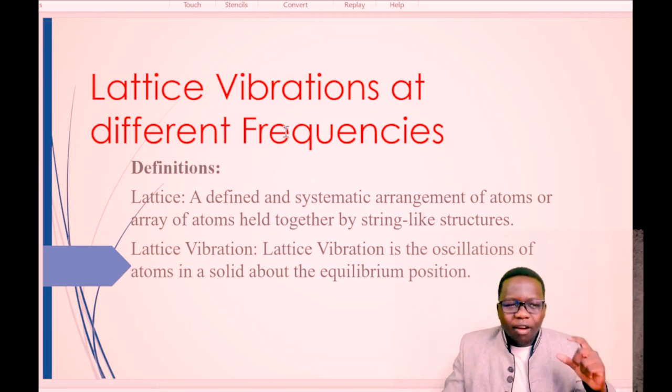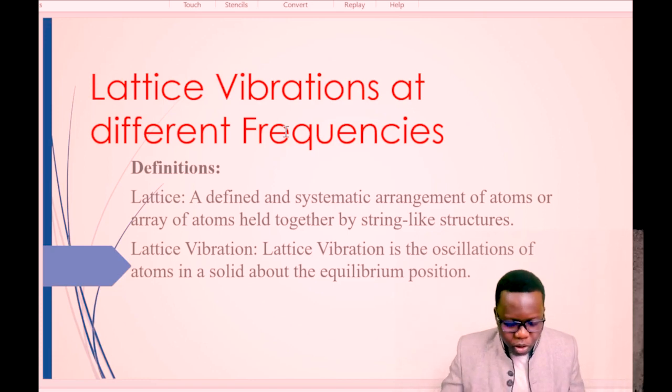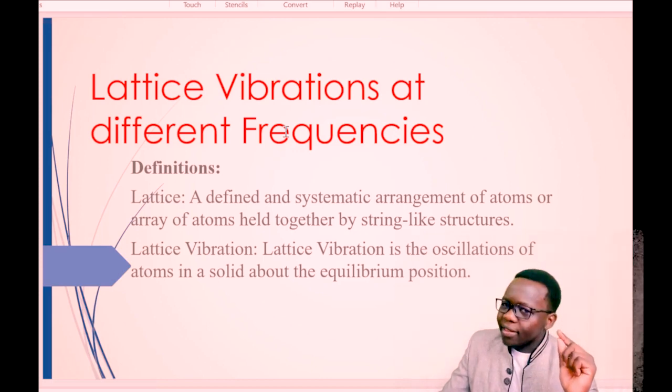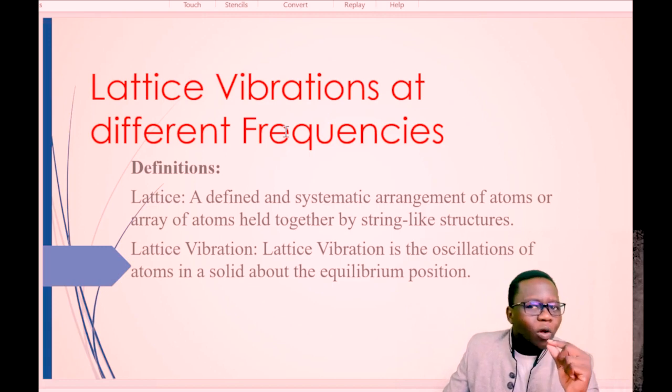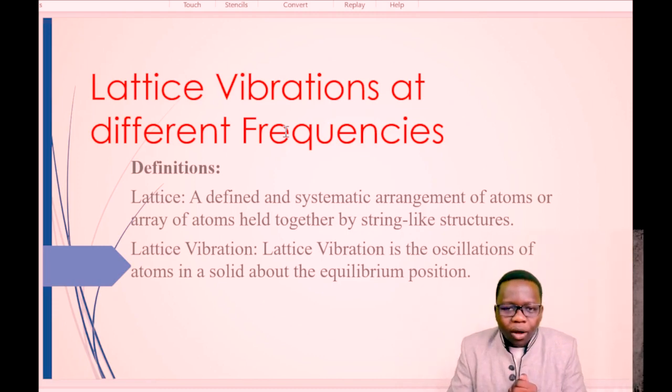By the time we have the concept of strings and springs, we realize that there is always an extension. If there is an extension and we are seeing the word vibration, it means these things are simple harmonic. So how are we going to believe that even solids behave like systems of simple harmonic motion? That is what we are going to be seeing.